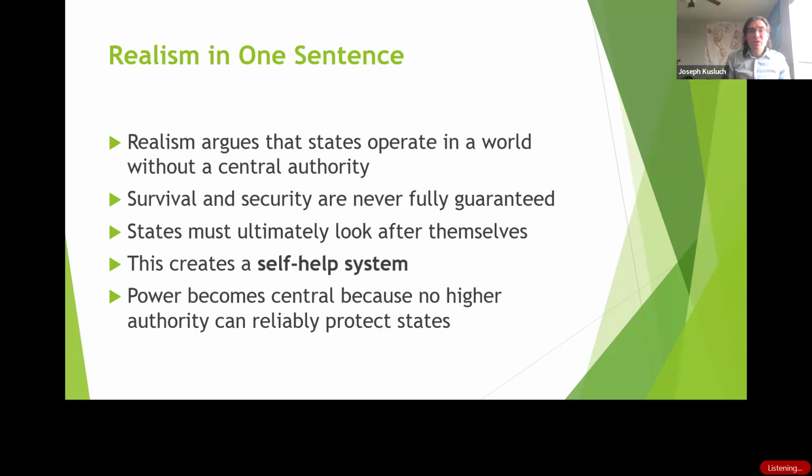Because no world government exists to reliably protect states, each state must ultimately look after itself. This is what realists mean by the self-help system. And realists are skeptical about international organizations.